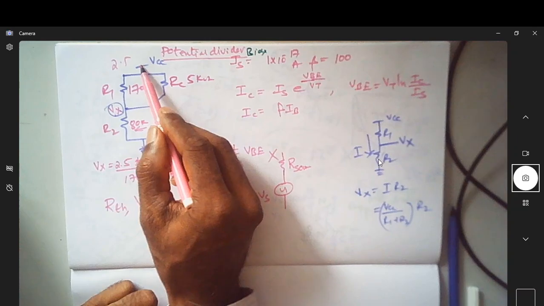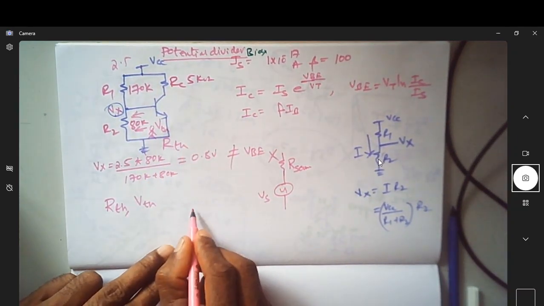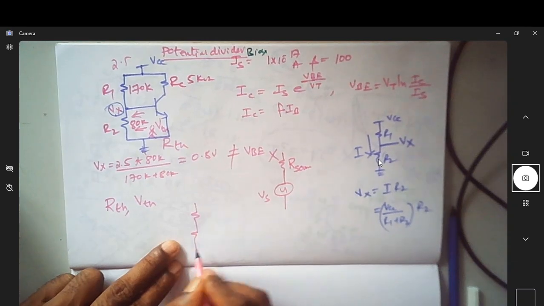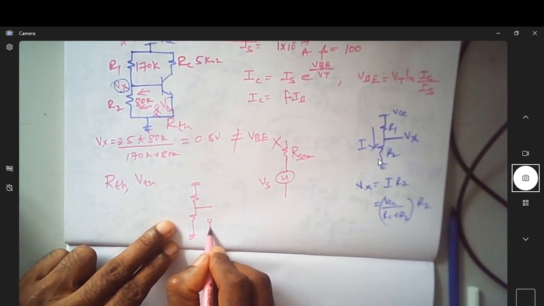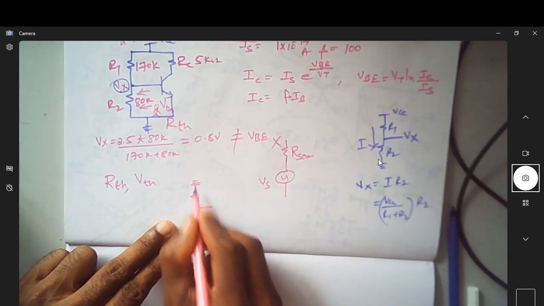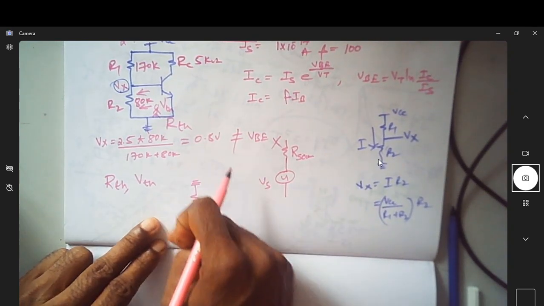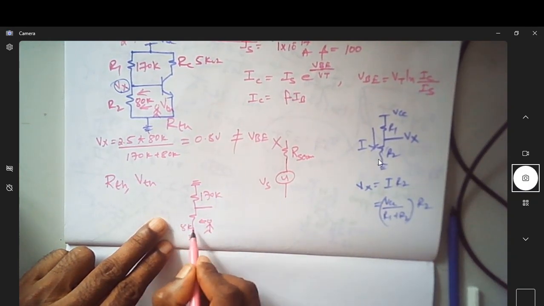When I treat this and this as ground, looking into this, it looks like this. This is grounded, this is also grounded, and you are standing here and looking towards this side. So this ground and this ground are the same, which means they actually come in parallel. So this is 170k, this is 80k.